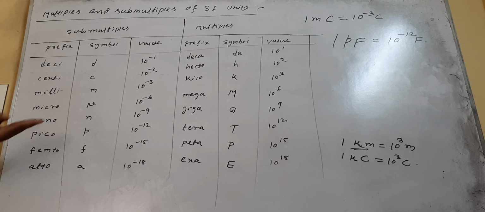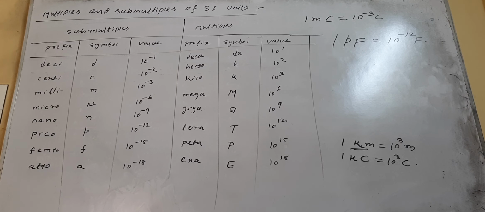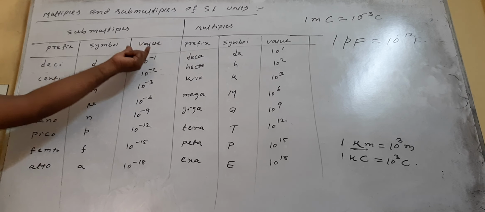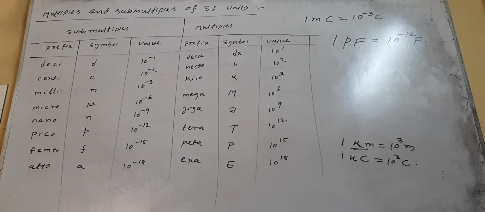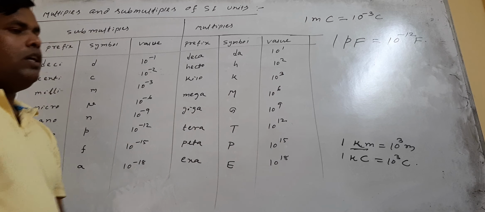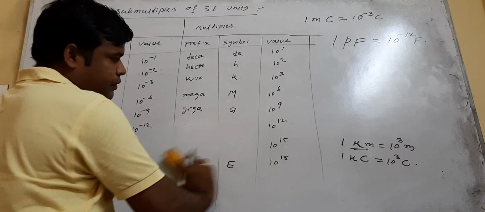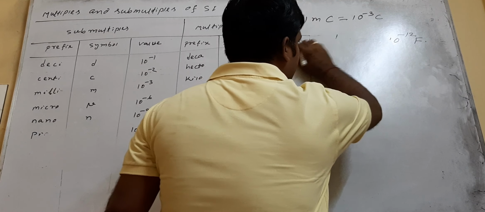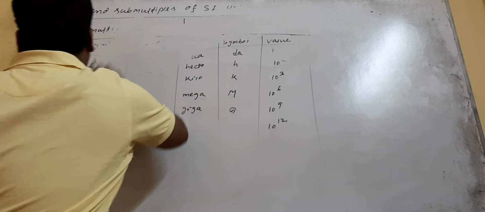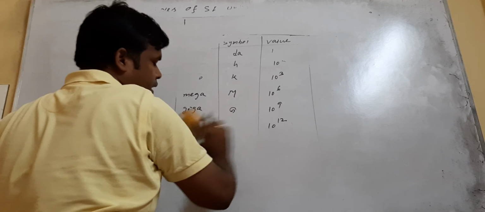When you have small n as the prefix, that is nano, then the submultiple comes, that is 10 to the power minus 9. The negative powers of 10 are called submultiples, and positive powers of 10 are called multiples. So you remember all these multiples and submultiples of SI units.